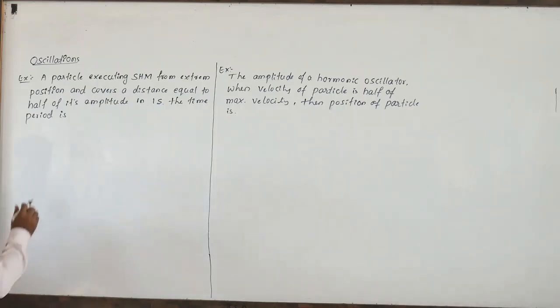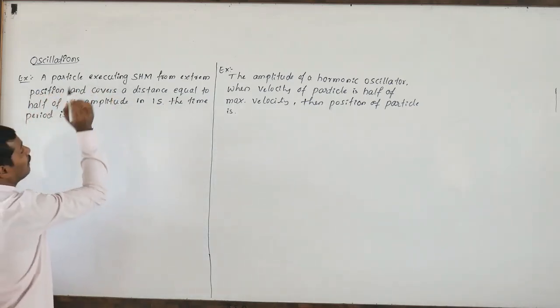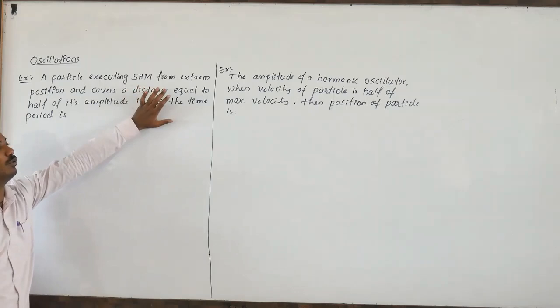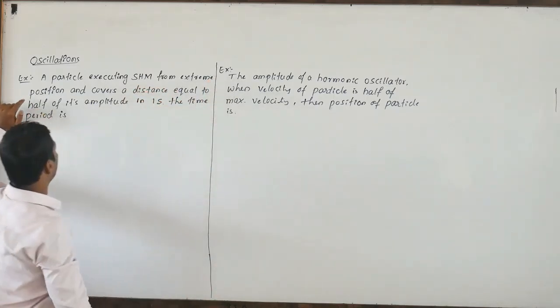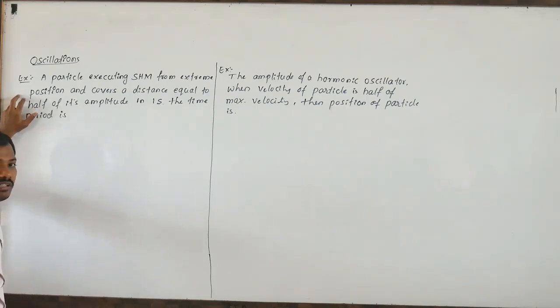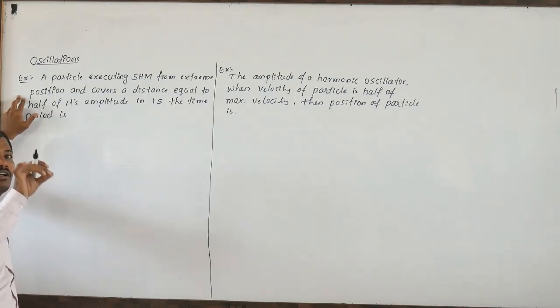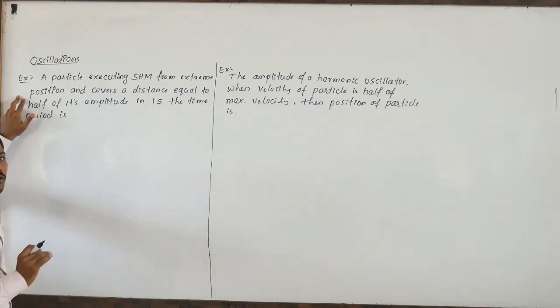First one: a particle executing simple harmonic motion from the extreme position. The displacement equation for a particle that starts to oscillate from the extreme position is x equals a cos omega t.